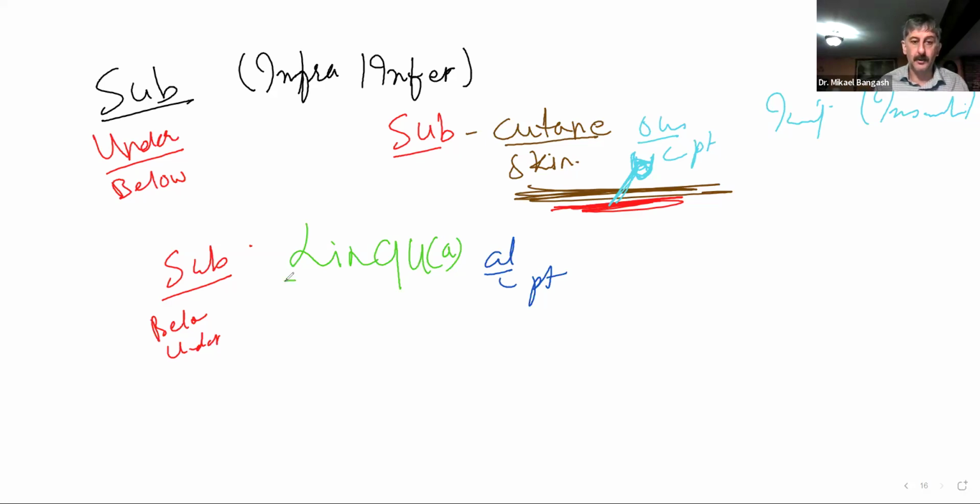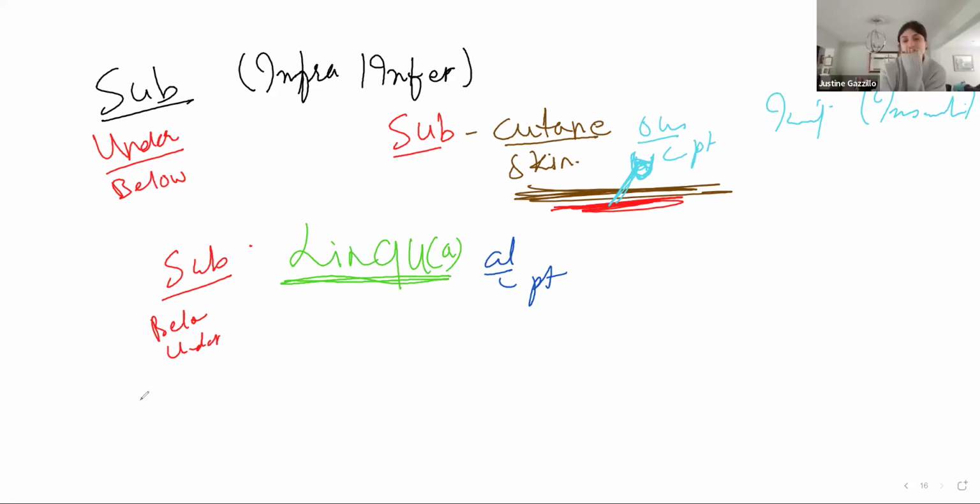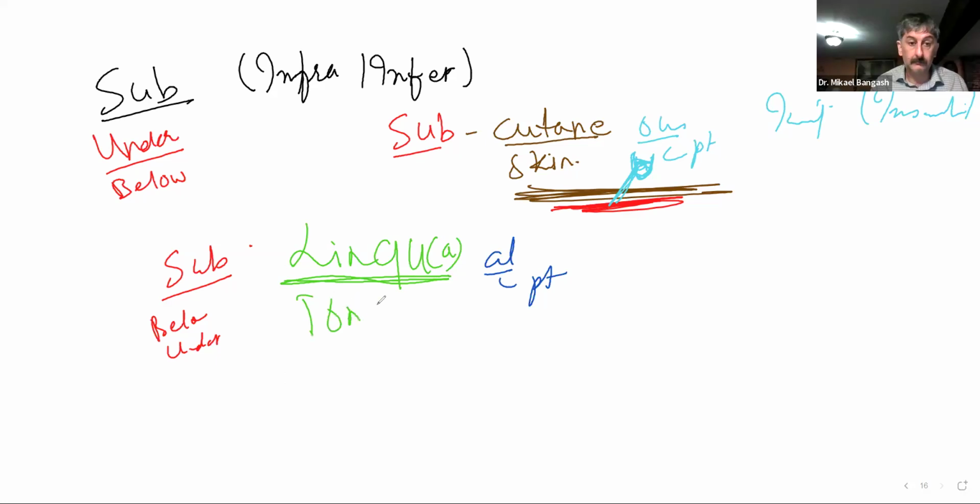Now, does anybody know what the word lingua means? Tongue. So underneath the tongue or below the tongue, okay, that would be sublingual.